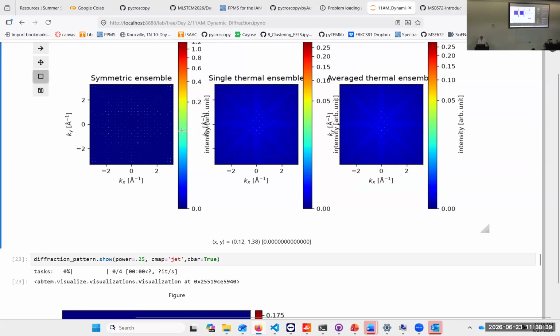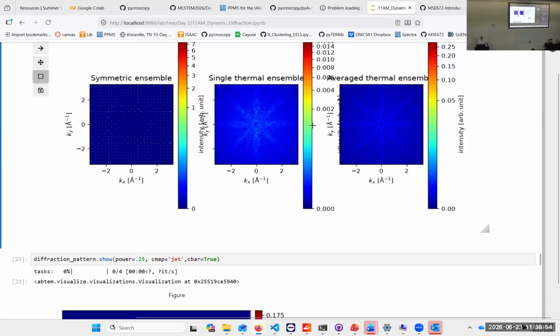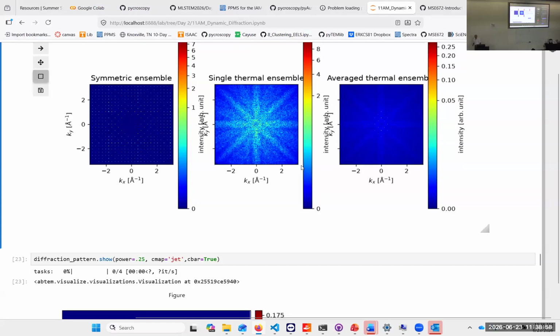The symmetric ensemble: no indication of Kikuchi lines. A single thermal ensemble will already get you Kikuchi lines.